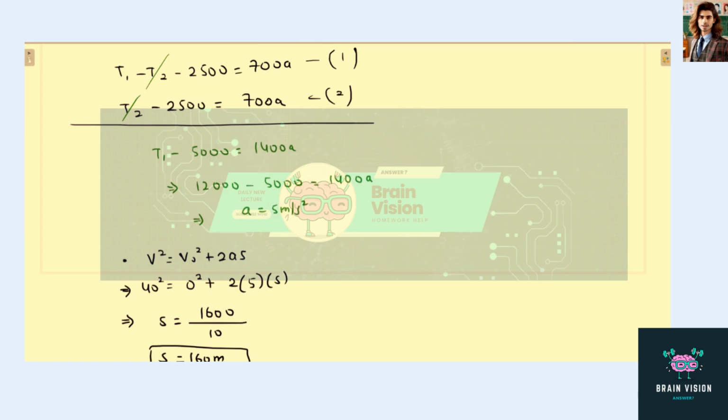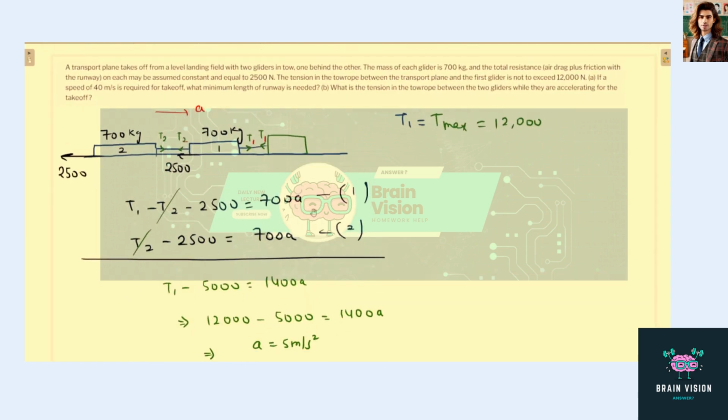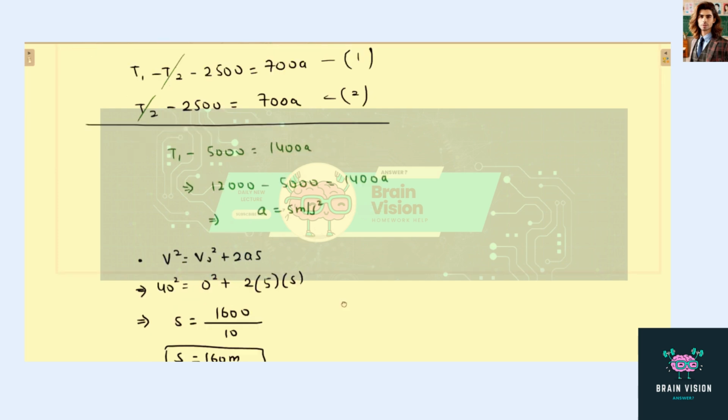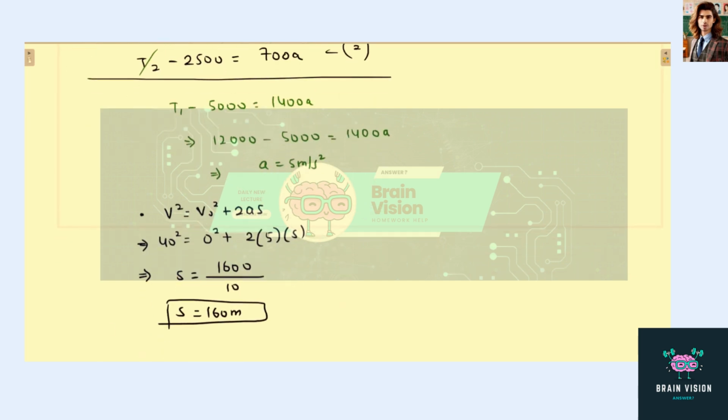So this is how it looks. The next part asks for the tension in the rope connecting the two gliders. In other words, they are asking for the value of T2. That is pretty easy, because from the second equation we can get the value of T2. T2 is equal to, adding 2500 to both sides, 2500 plus 700a.